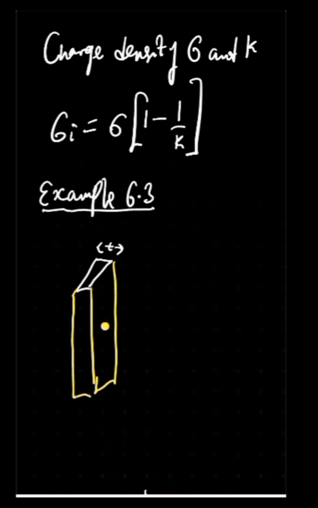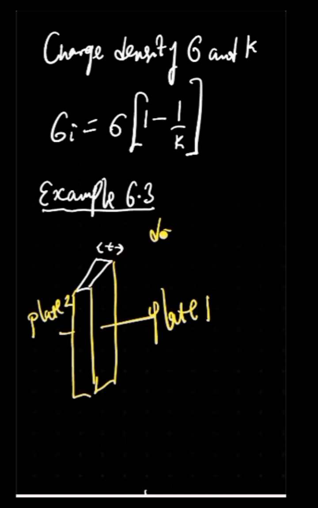Are we getting it now? Let's call this one plate 1 and plate 2. So plate 1 and plate 2 are separated by the thickness of this plate. Are you getting it now? So that thickness, we'll take it as the distance between the plates, right? So the distance between the plates is the same thing as the thickness.